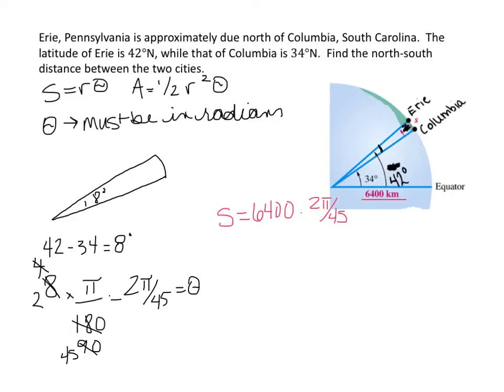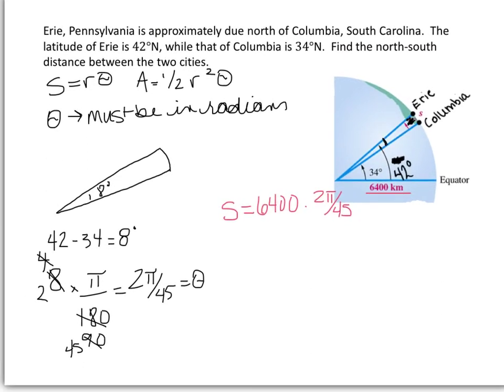So I would really just multiply this through on my calculator. I'd put in 6,400 times 2 times pi, all divided by 45. When I do that, I find that S is equal to 893.609 kilometers. And of course it's a word problem, so we'll write this out as a sentence.